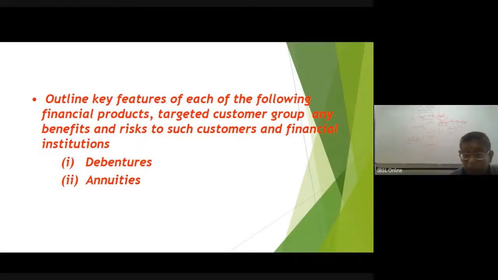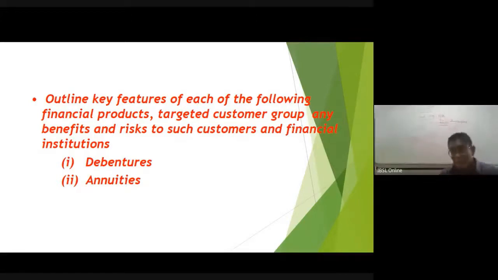If the issuer is not there, who's going to give the capital back? Right, that is the risk faced by the customers, right? The capital is not guaranteed. Second one, what is the risk faced by the issuer? Usually you have to pay higher interest to the customers. So that is the one.